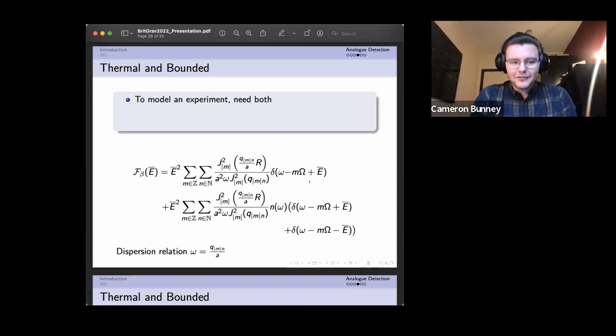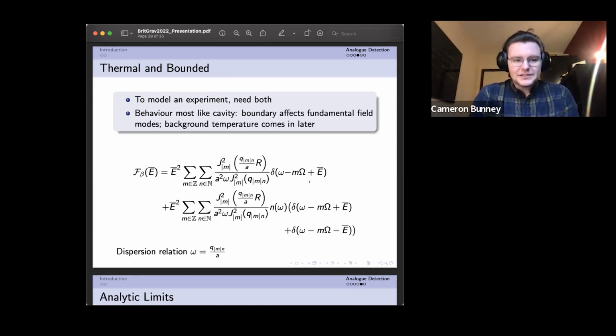So this is why we have this discretization of eigenfrequencies still, as well as these delta peaks picking out each tick of the detector. We require both of these in order to model an experiment more effectively.